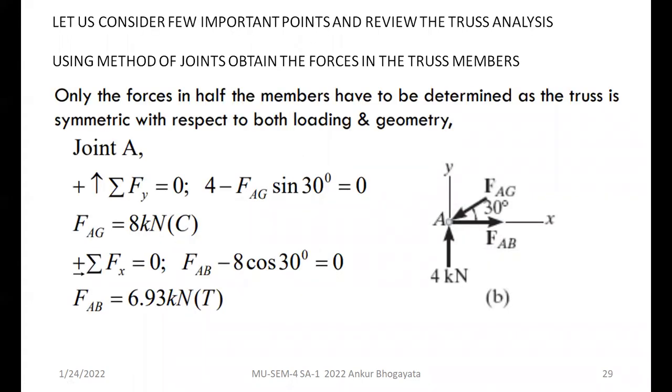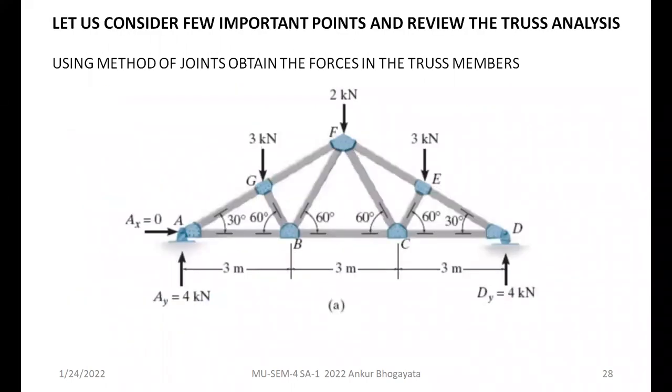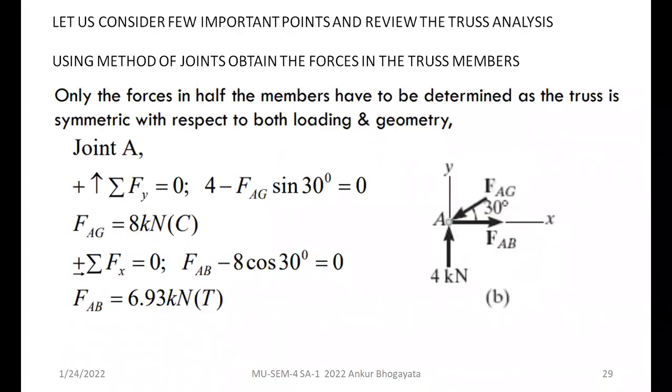Now please go ahead with joint B, right? At joint B and joint G, let's go to joint G. Come here, go to the joint G and quickly give me the other unknown answers, right? And try getting them.